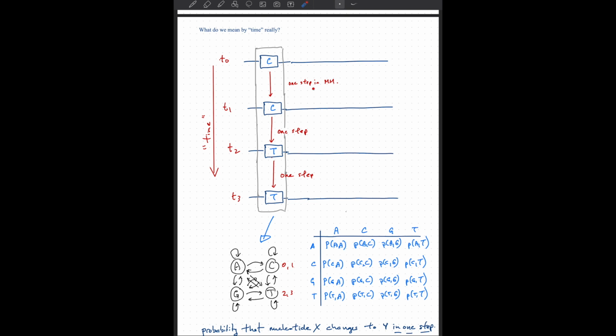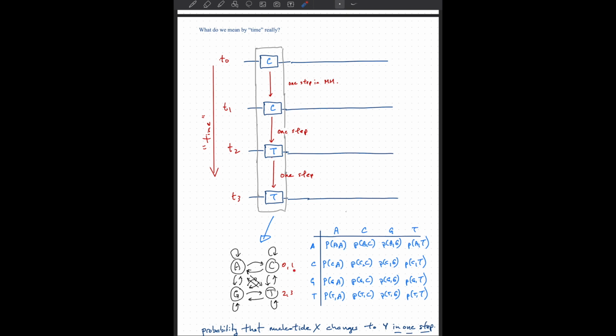You start off here in state C at the beginning of time, and one tick of the clock, maybe that's a second, or a year, or 1,000 years, or 1,000,000 years, whatever you want one step to be, you roll the dice, and in this case C stays a C. That gets us to this point here, at time step 1.